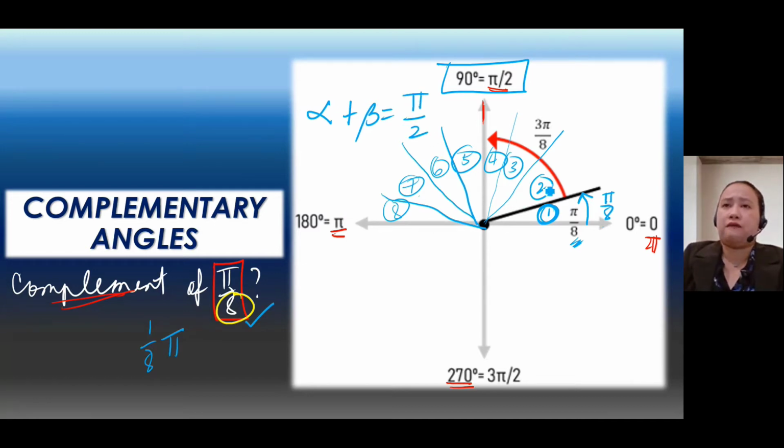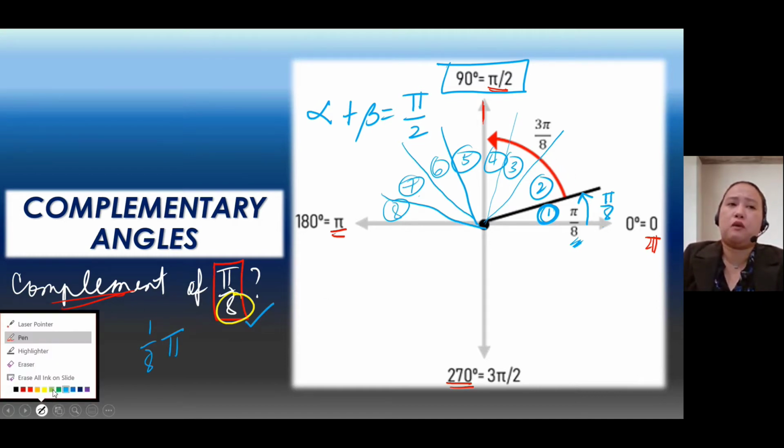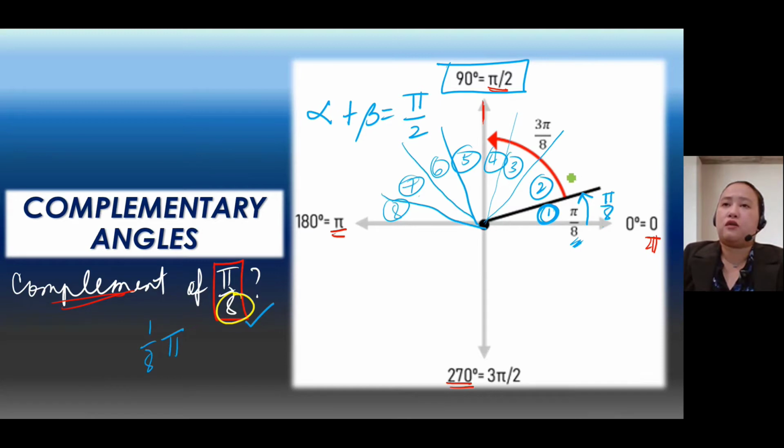In this case, graphically, you can identify it. You just count 1, 2, 3. There are 3 parts, so it is 3 pi over 8. The complement is 3 pi over 8.